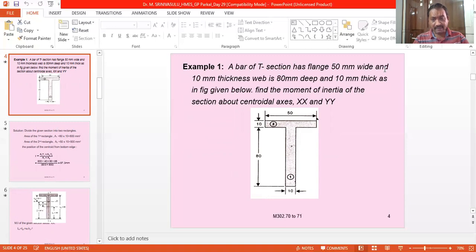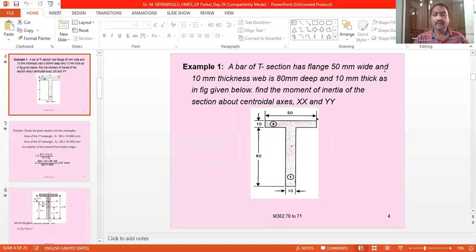Similarly, the flange is rectangle 2, which is having a thickness of 10 mm and width of 50 mm.